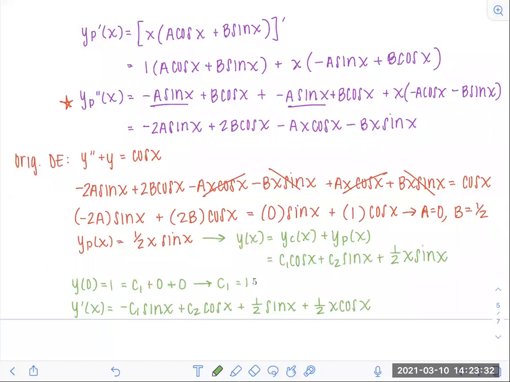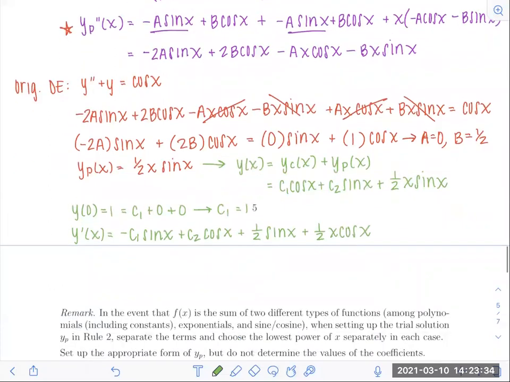And moving on to the next page, the second initial condition was that y prime of 0 equals -1, and that gives me 0 plus c2 plus 0 plus 0. So I conclude that c2 equals -1.